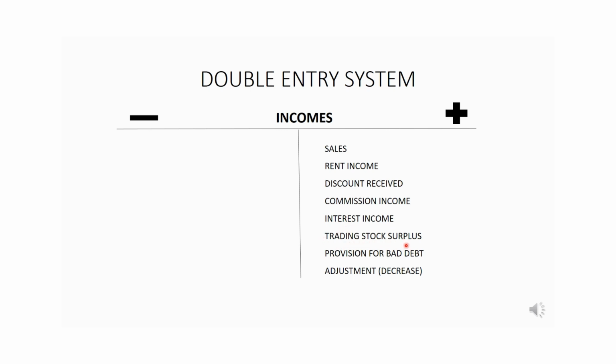Trading stock surplus. Trading stock surplus is where at the end of the financial year, you realize that you are having more stock than what your accounting books are telling you, meaning that the stock that you found in your storeroom or in your warehouse is higher than the amount that is on your ledger account or on your pre-adjustment trial balance.